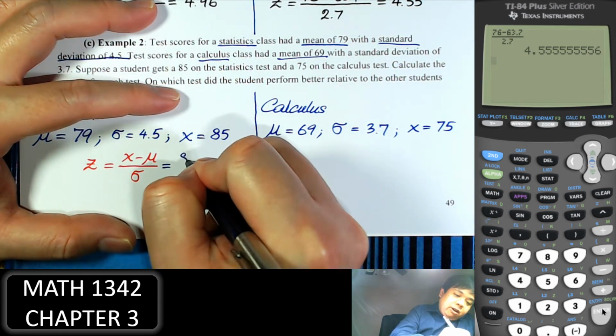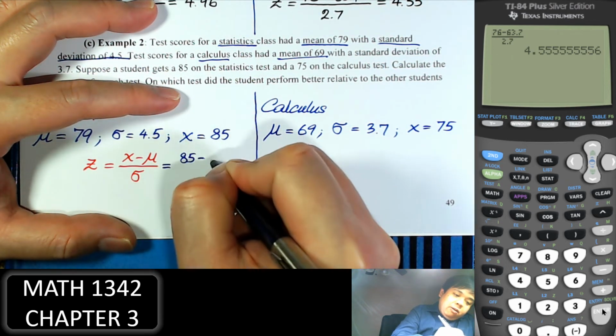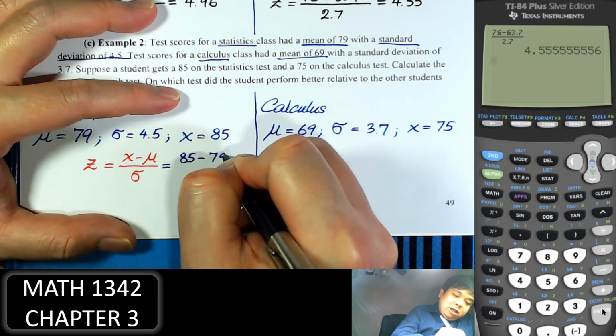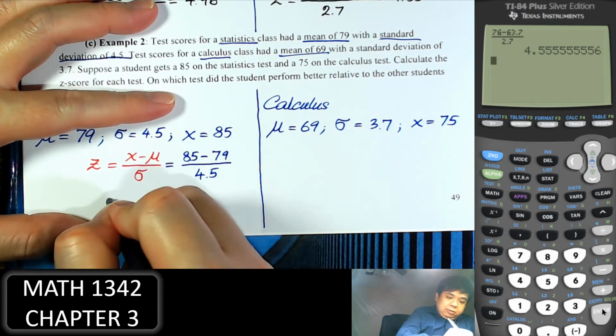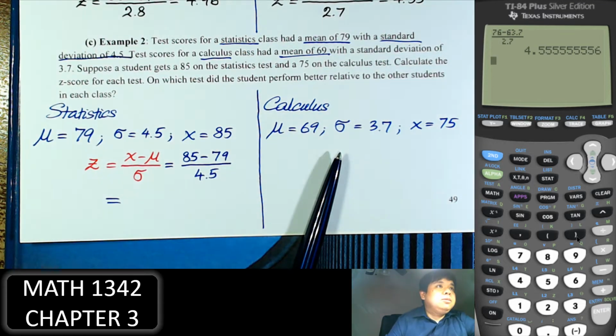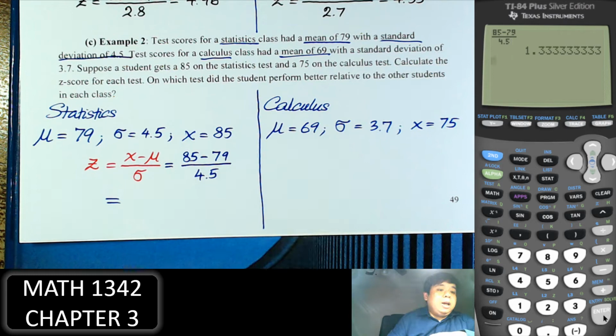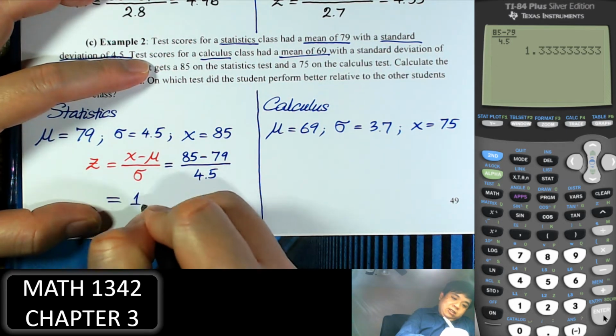So 85 minus 79, the mean, divided by the standard deviation. It's 1.33.